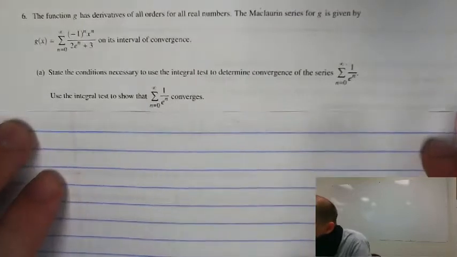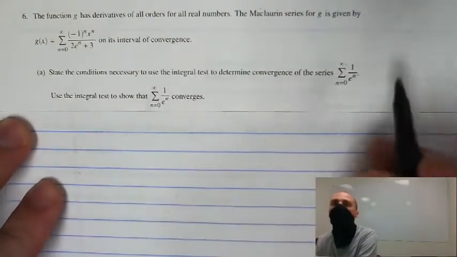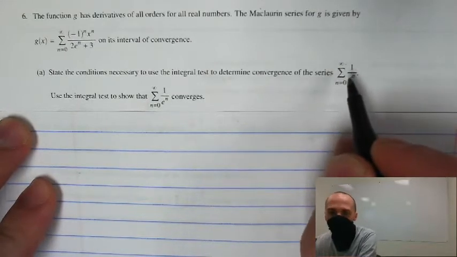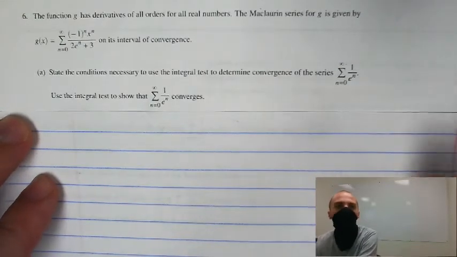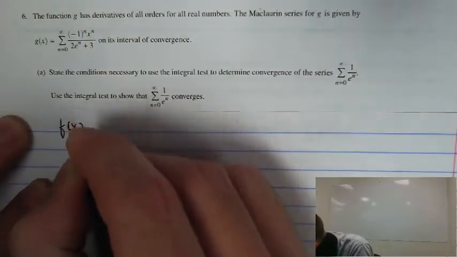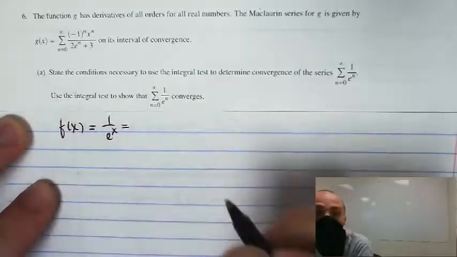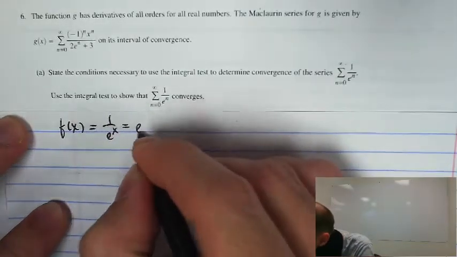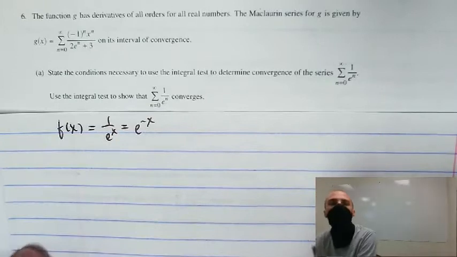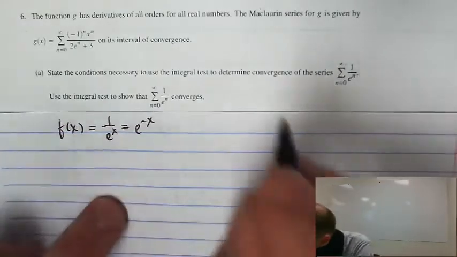Okay. So what we're going to do is remember the conditions necessary to use the integral test. Well, I need the function, the summand, to be continuous, positive, and decreasing. So what I'll say is f of x equals 1 over e to the x, which from here on out I'm pretty much just going to be calling e to the negative x, is continuous, positive, and decreasing on 0 to infinity.